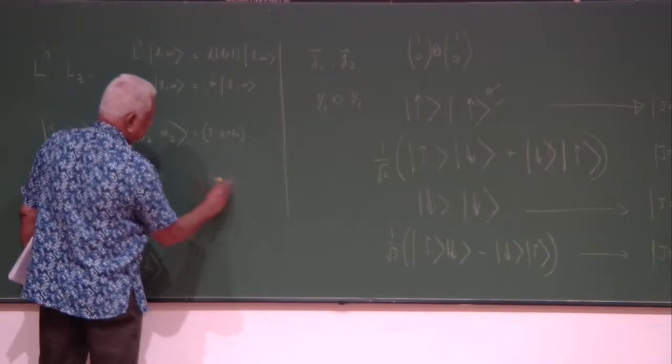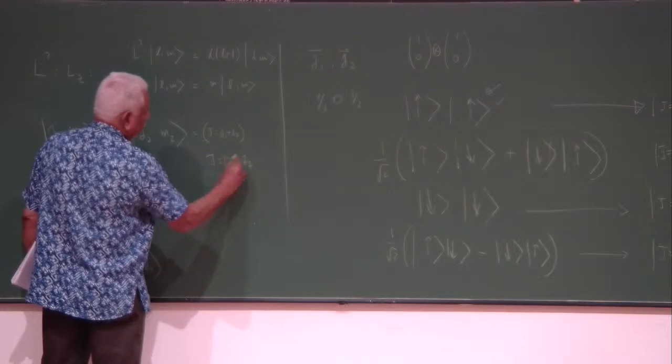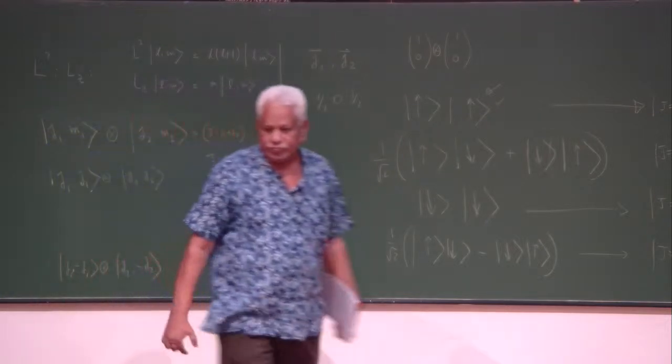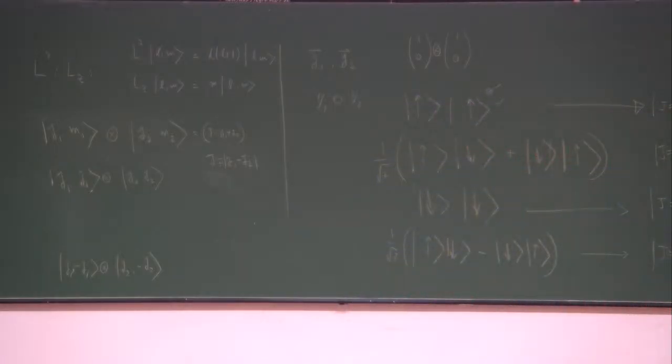So let me write it here. J is equal to the modulus of J1 minus J2. For practical purposes, I can say J1 is greater than J2, so it is J1 minus J2. So you will have J1 plus J2 and then J1 minus J2 as the lowest. So the angular momentum of the composite will go from J1 minus J2 to J1 plus J2 in steps of 1 unit each.